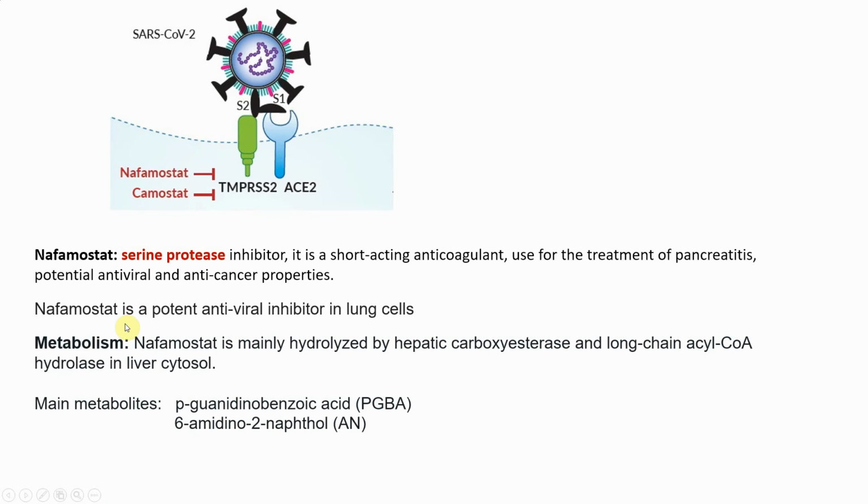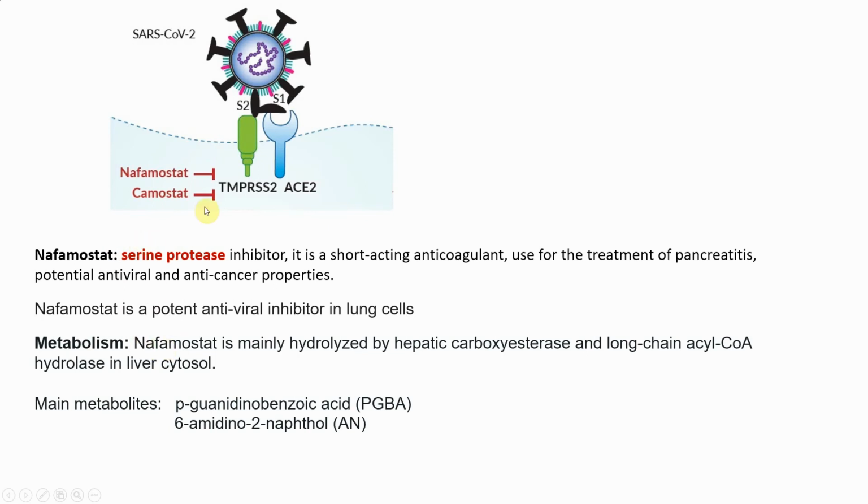In the metabolism, nafamostat is mainly hydrolyzed by hepatic enzymes, which we call carboxylesterase and long-chain acyl coenzyme A hydrolase. As you see in the structure, in the first part of the molecule we have an ester part, which can be degraded by this enzyme.